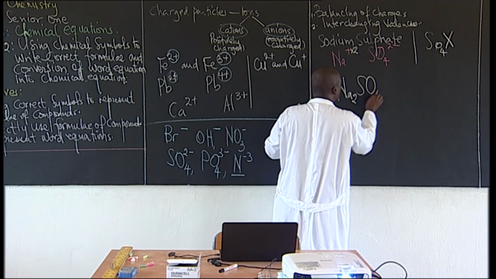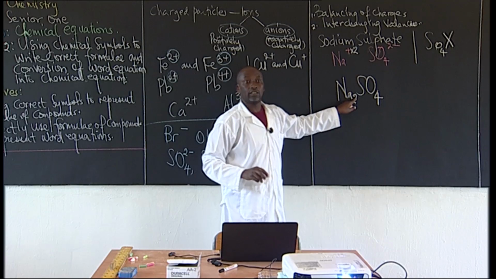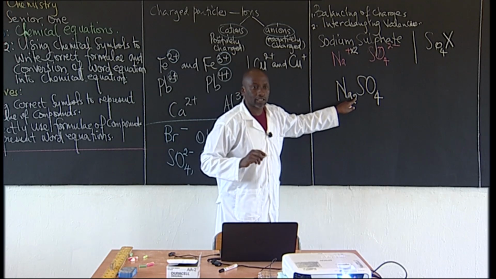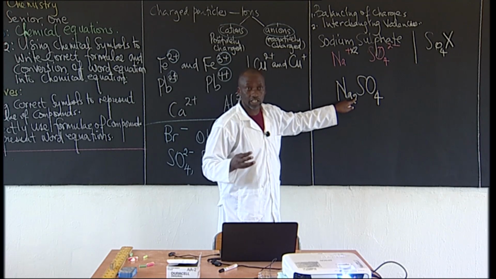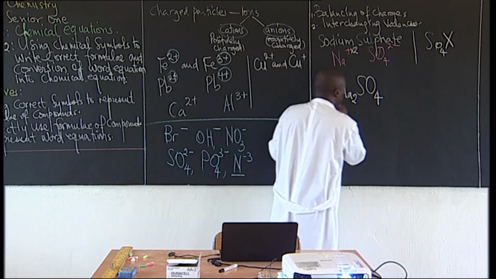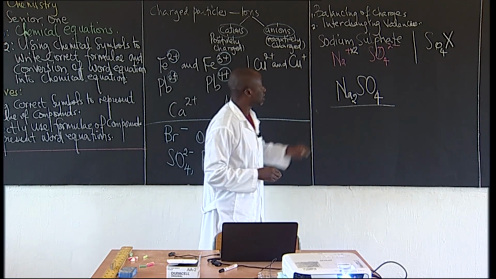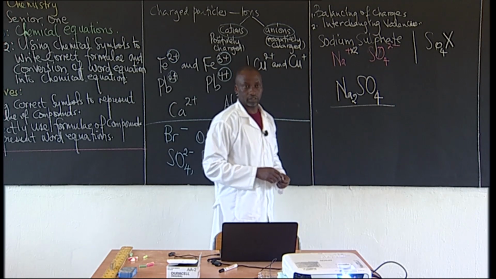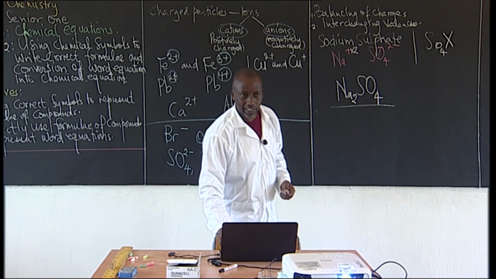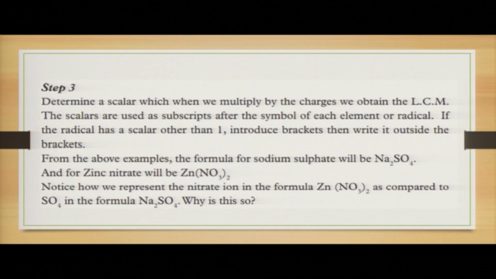So when we do like this, the charges will be balancing. And this one will represent the correct formula of the sodium sulfate. Make sure the charges are balancing by looking for the correct formula.